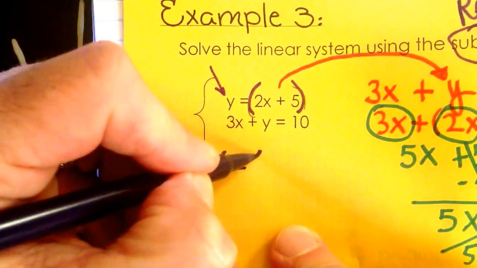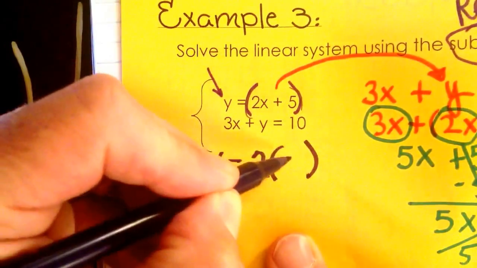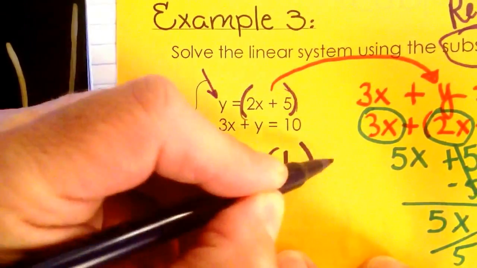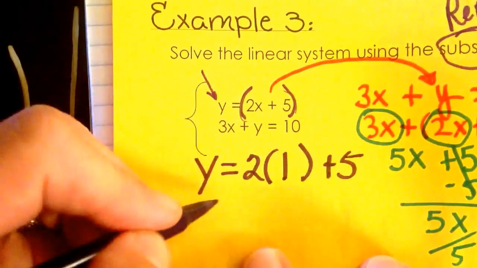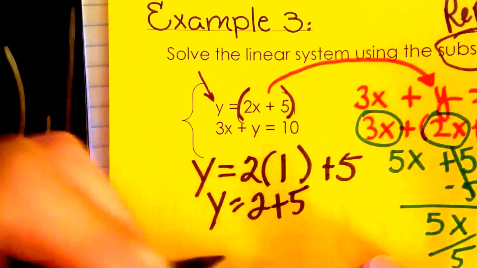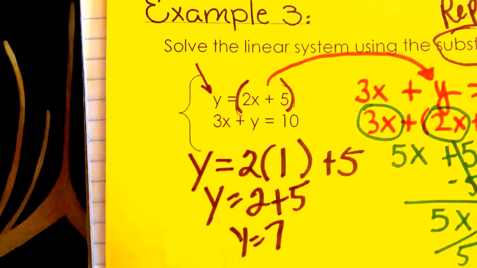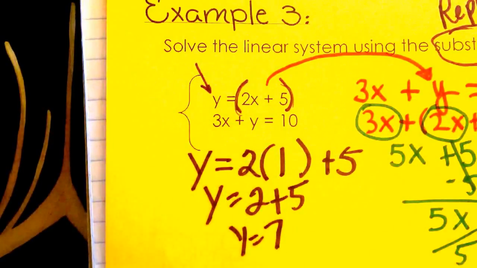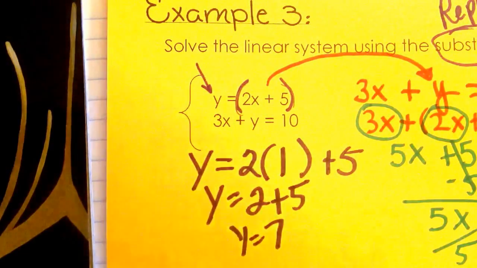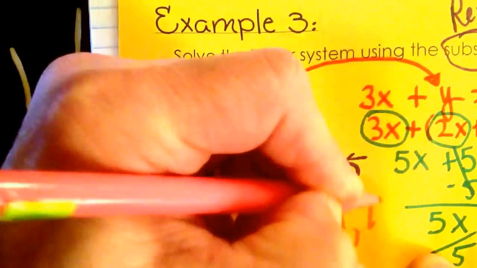So we're going to take 2 times, and we just found what x is, so this is where we put what we just found. That value is 1, plus 5. We're just going to do the math here. 2 plus 5, y equals 7. So that tells us that our solution is (1, 7).